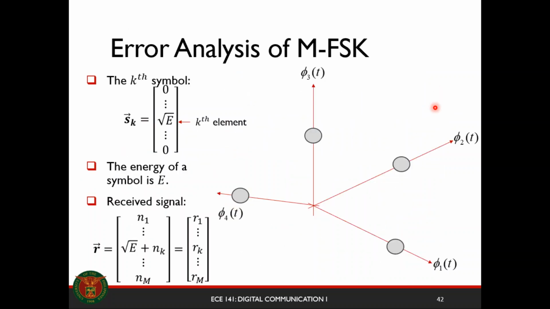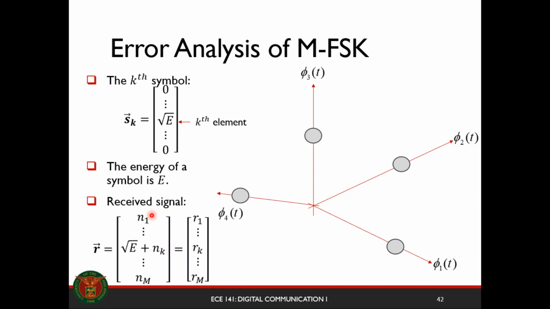So now let's look at higher dimension signals, for example, FSK. The kth symbol in terms of its vector is equal to this, where the kth element contains the energy. The received signal is basically your S plus your noise.